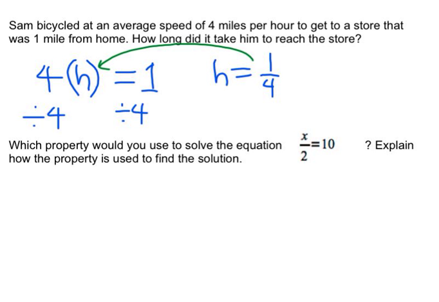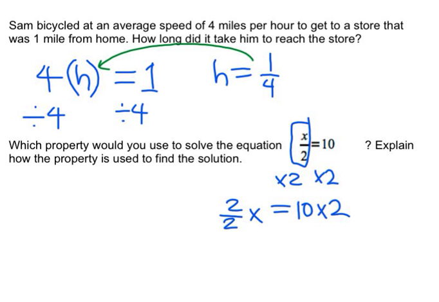And then explain that. So what you would do is use the multiplication property of equality. So here, just remember, this whole statement means x divided by 2. When you multiply both sides by 2, you end up with 2 over 2 times x is equal to 10 times 2.